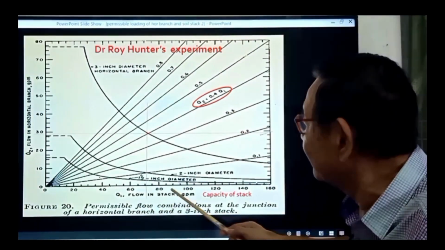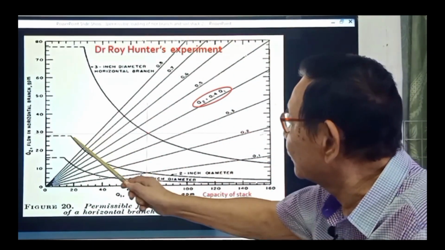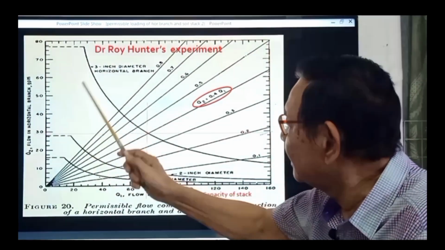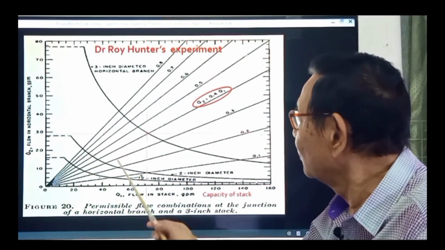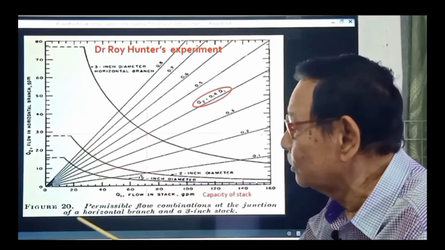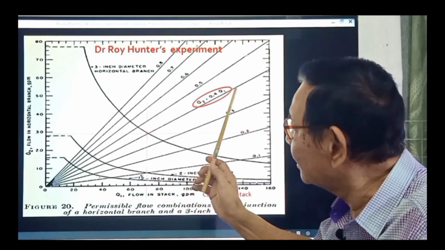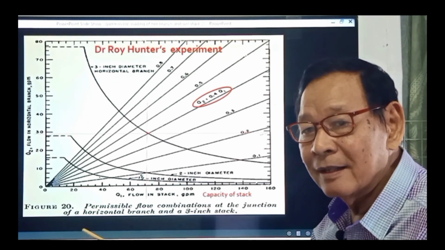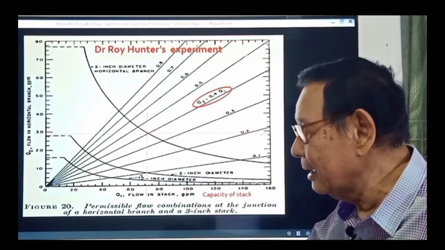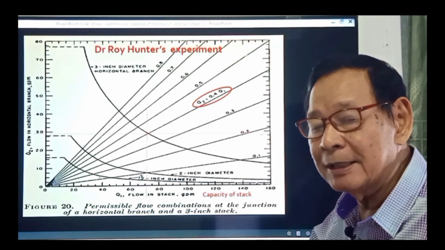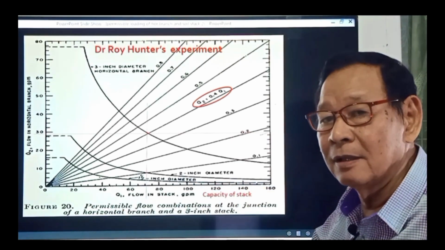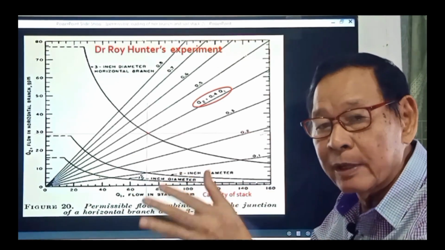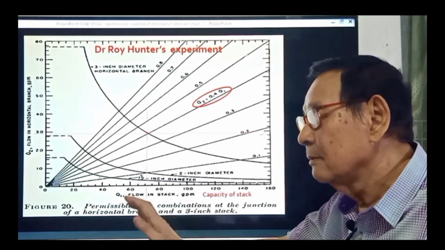This is Q1 and this is Q2. 40% only of that. This is the experiment of Dr. Hunter. That's why there are limits. There are permissible. It permits only that flow. Kung sumubra ka sa flow na yan, forget it.